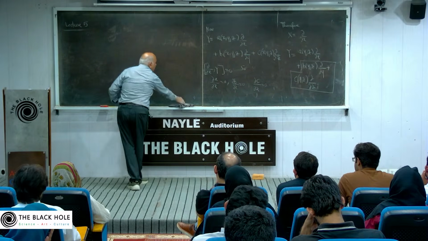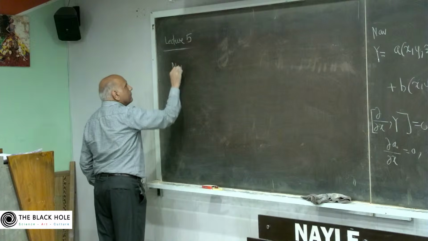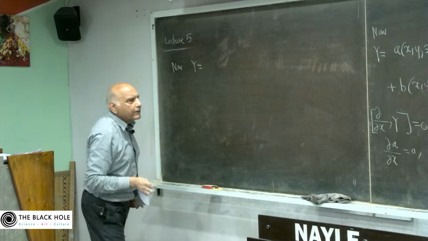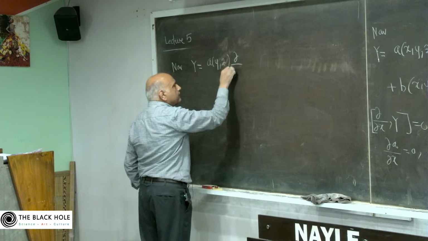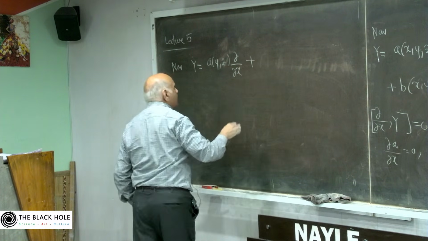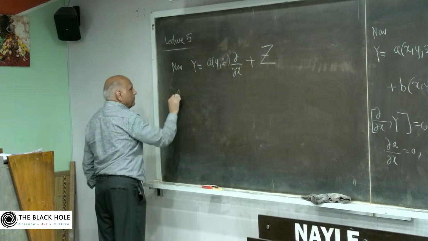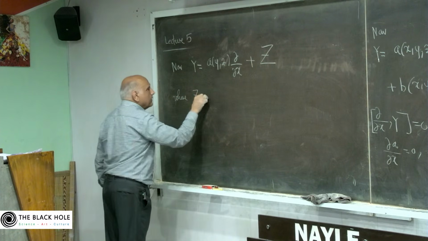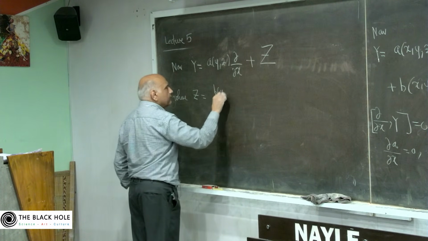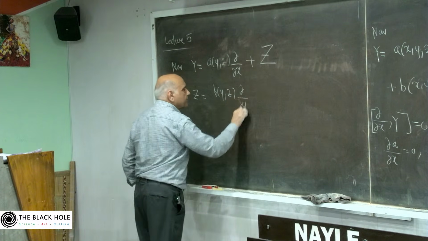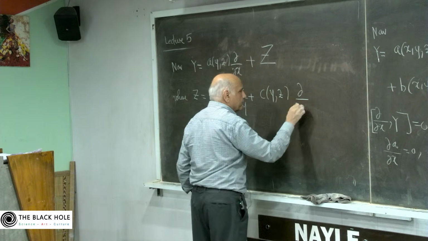So now Y is equal to a of y, z partial by partial x plus, let's give it some name, capital Z, where Z is a vector field in 2 variables, b of y, z plus c of y, z partial by partial z. Okay?